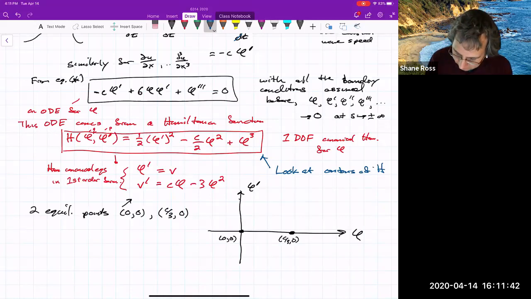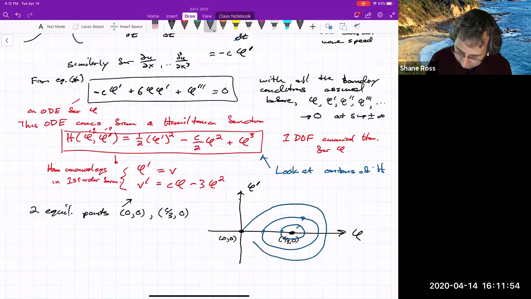So here's some contours of H sketched out, and then there's a contour that passes through the origin, and it's kind of weird. It kind of ends there. That's because the origin is a saddle point. Which way are things going? Yeah, probably going that way.